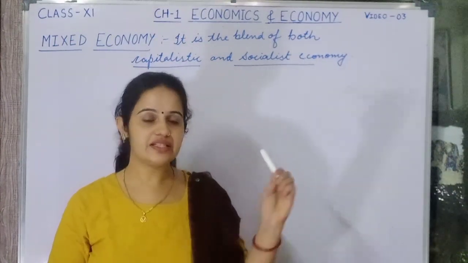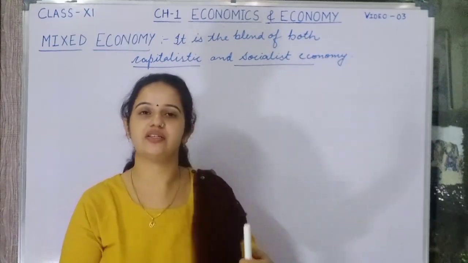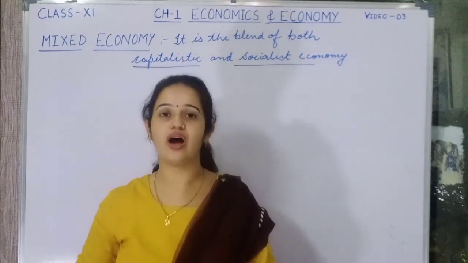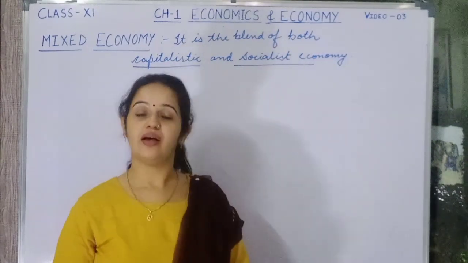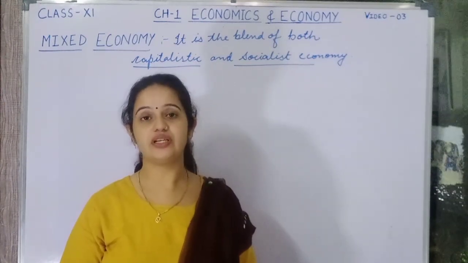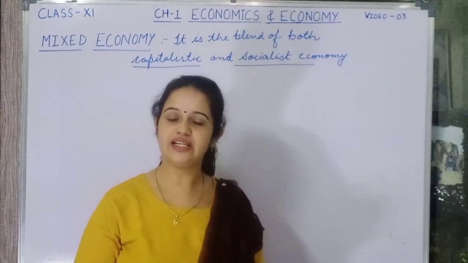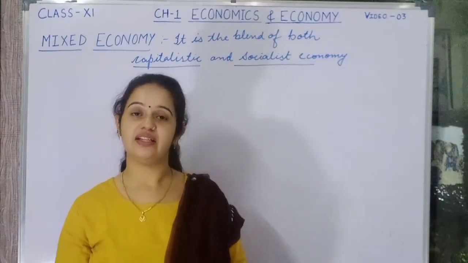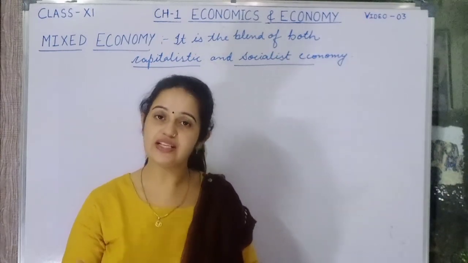So in this economy, all the educational institutions, banking sectors, transport, industry and so on are in the hands of public sector. But in mixed economy, the schools or educational institutions, transport facilities, banking sectors are managed and controlled by both private as well as public.